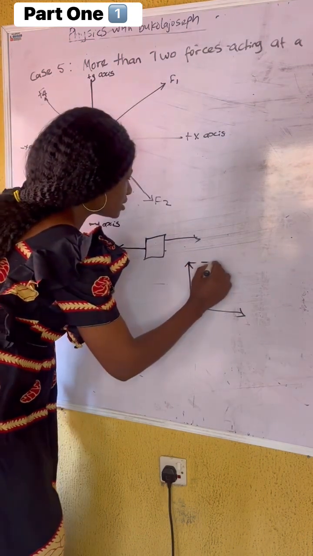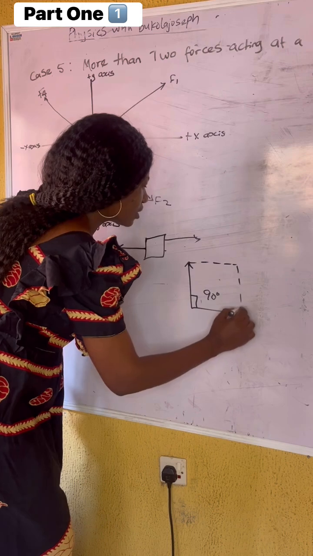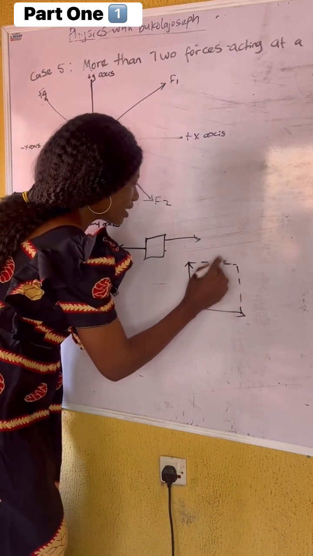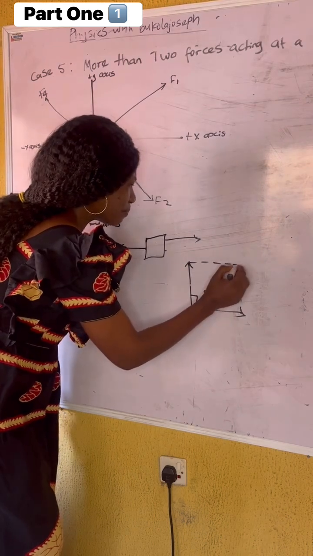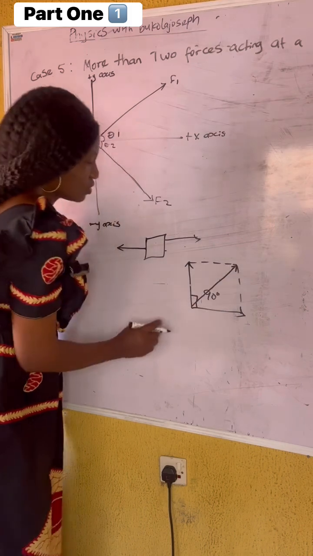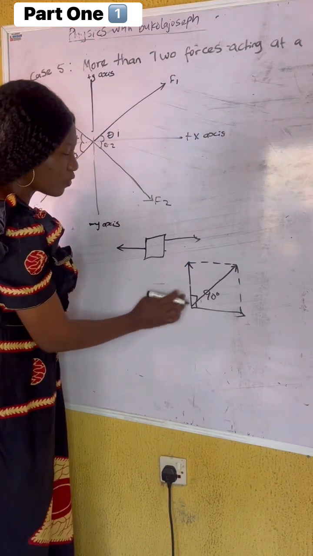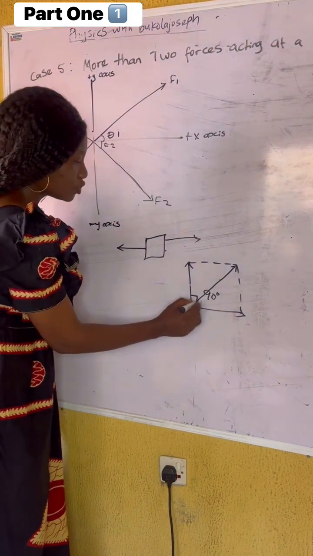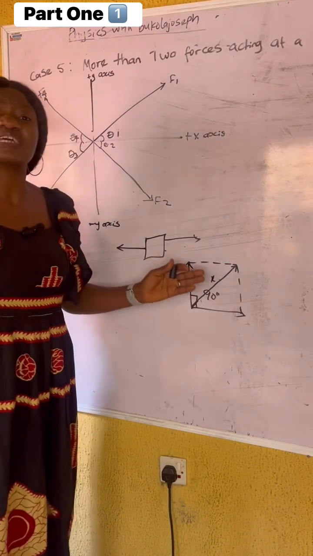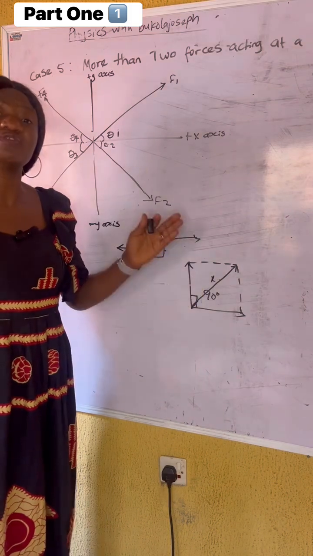You simply complete the parallelogram. The resultant becomes the diagonal drawn from the point of intersection between the two forces. So this is the resultant. You simply use Pythagoras theorem to find the resultant.